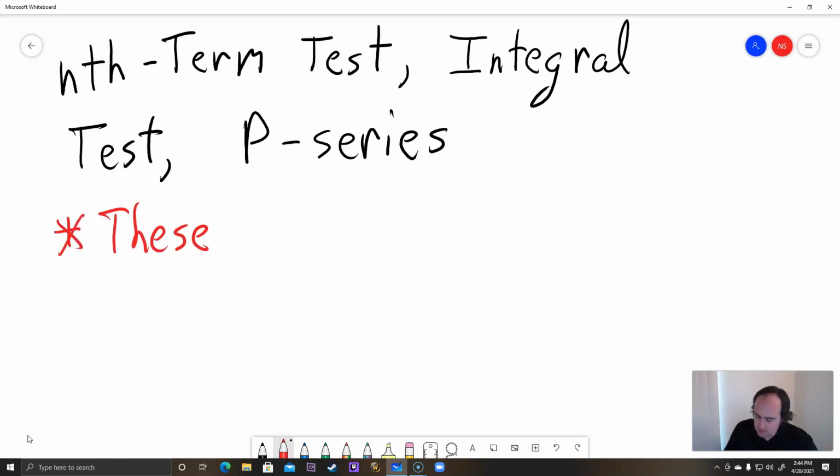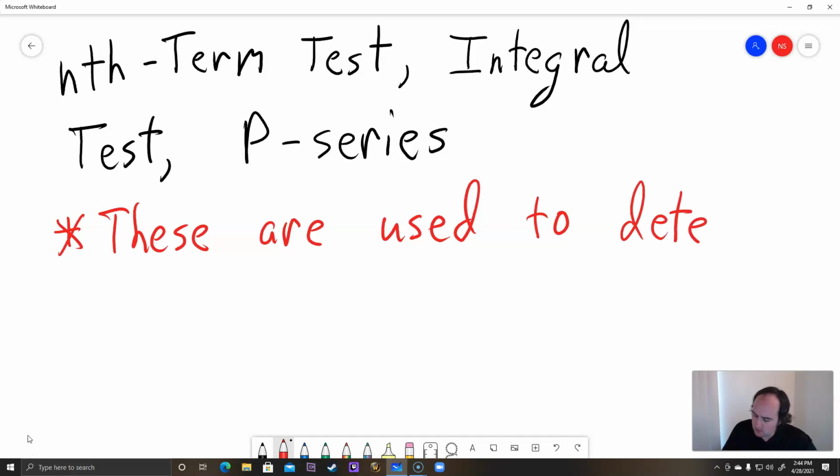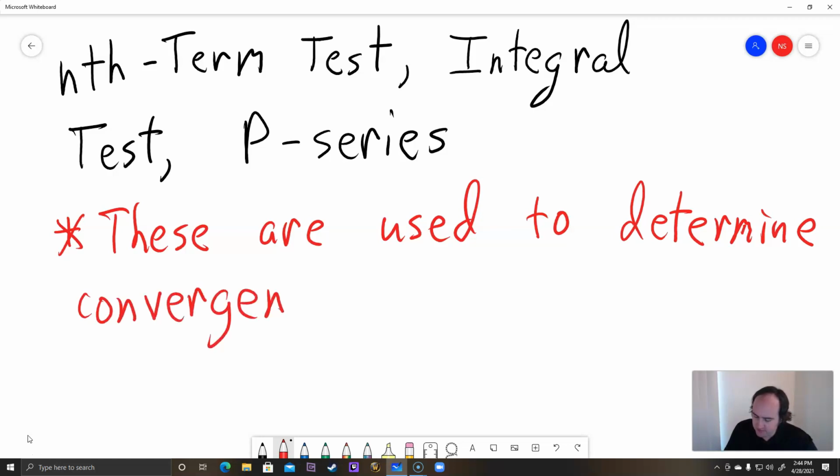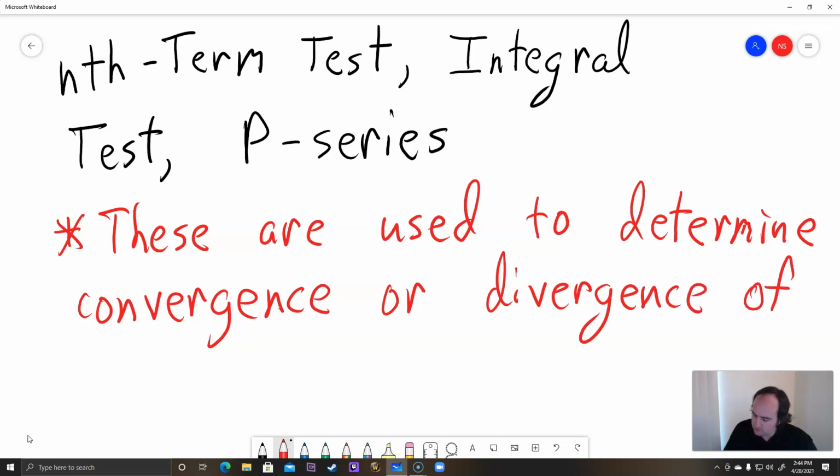These are used to determine convergence or divergence of an infinite series.